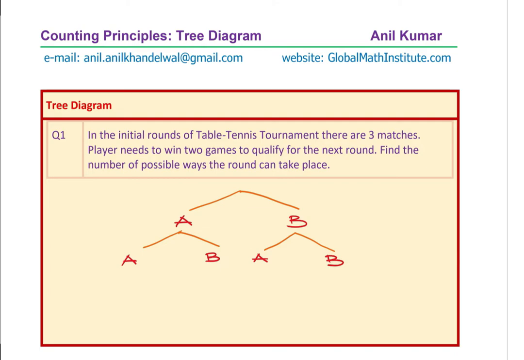Now in this case, you understand that we have reached a stage where we could now say that person A is the winner or B is the winner. A has won two matches following the win in the second game, and B has won if B wins the first two.